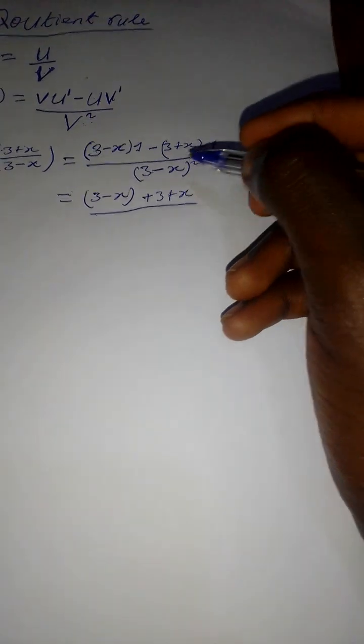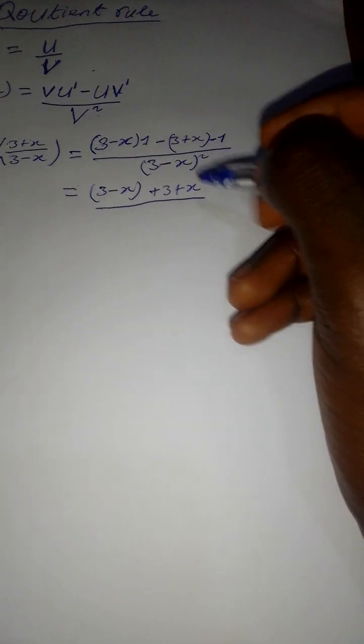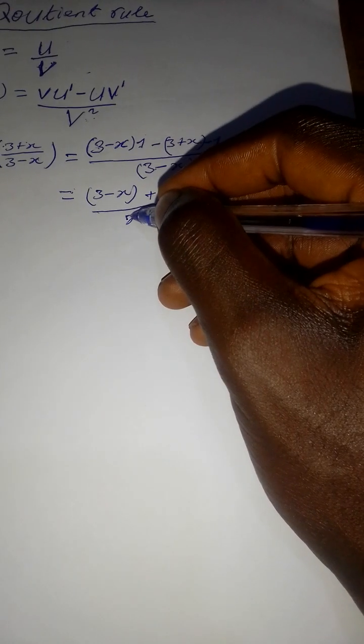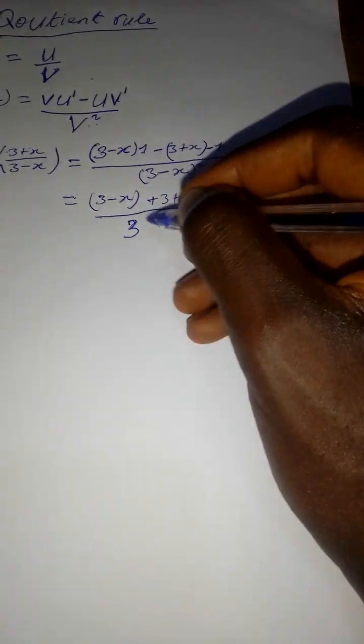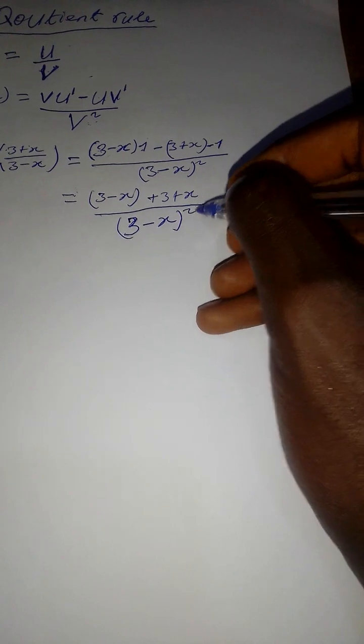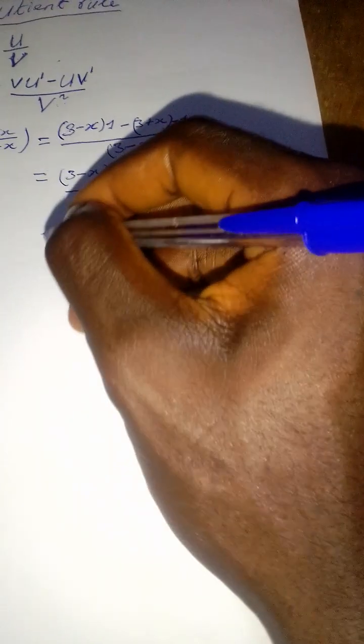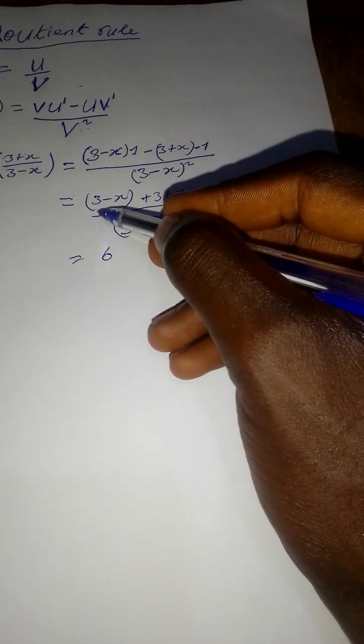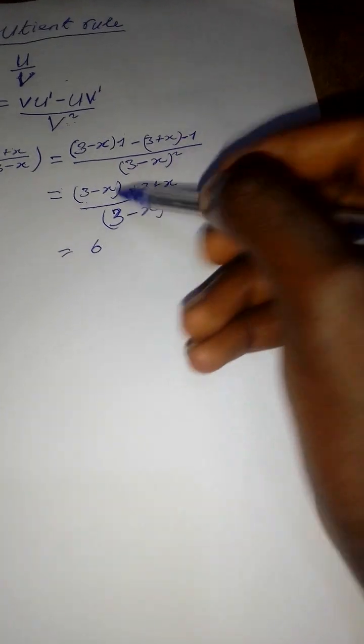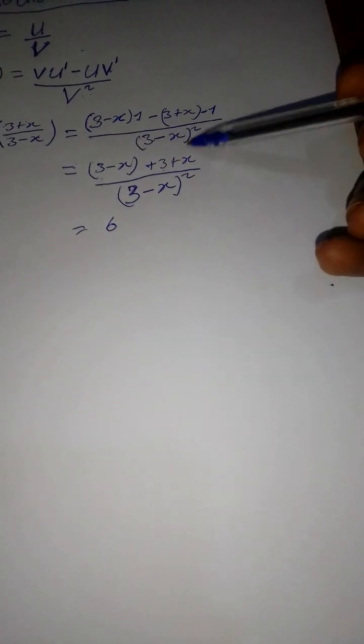All these will be divided by 3 minus x, all that squared. So to tidy this up, we actually have 6, since 3 plus 3 is 6. And now what we have here is negative x plus x, which gives us 0.